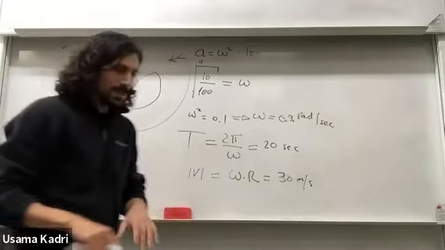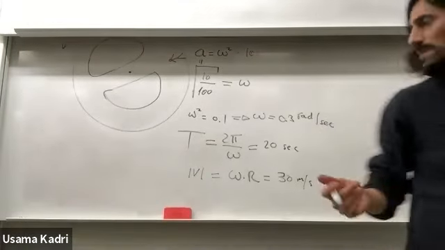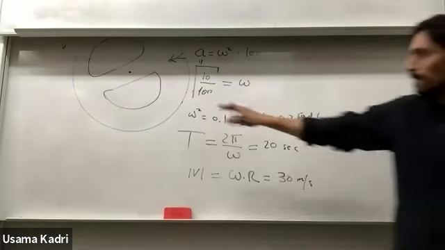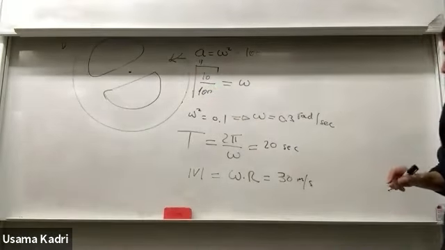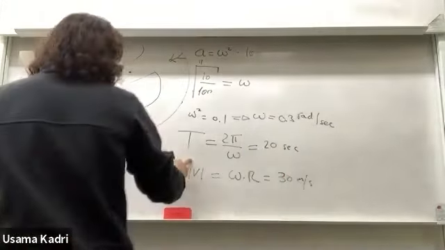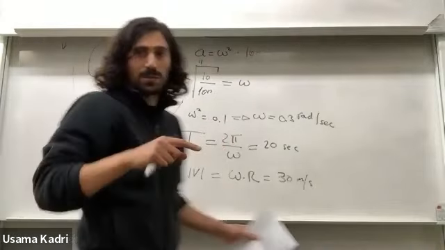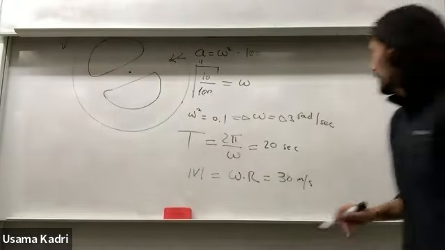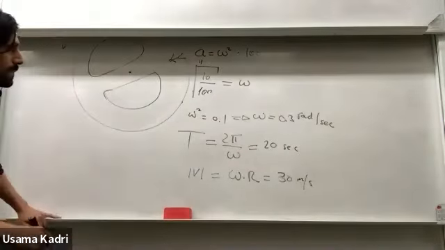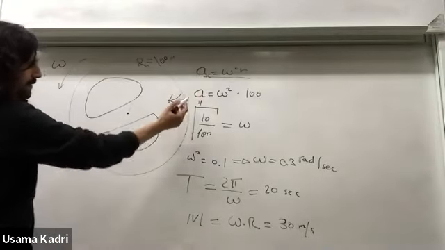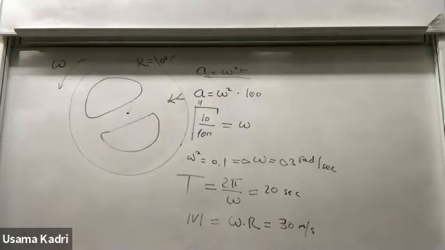So the speed at any point here, at the radius of big R from the center, would be 30 meters per second. The period is about 20 seconds, so it takes 20 seconds to make one turn. And by doing this, we would get a feeling of the gravity as we perceive it here on Earth.